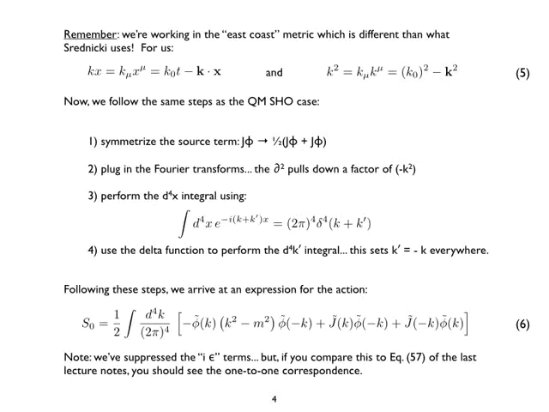Where's the I epsilon? Well, it's here: minus phi twiddle k, k squared minus m squared times 1 minus I epsilon, phi twiddle minus k.